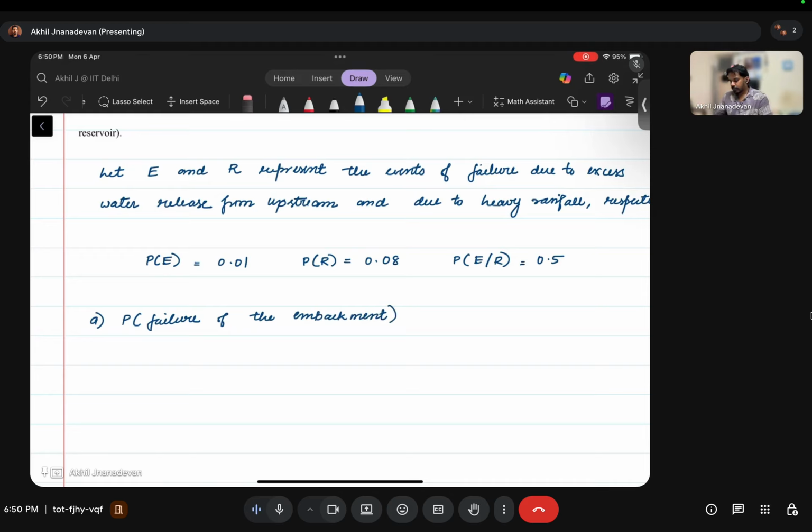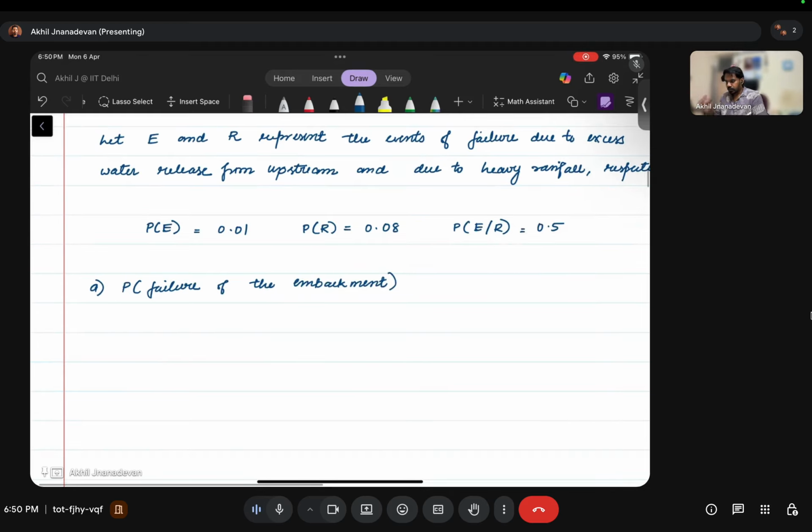The embankment can fail due to either cause, or both. So the probability of failure is equal to the probability of failure due to excess release, or due to heavy rainfall. That is P of E plus P of R minus P of E intersection R.